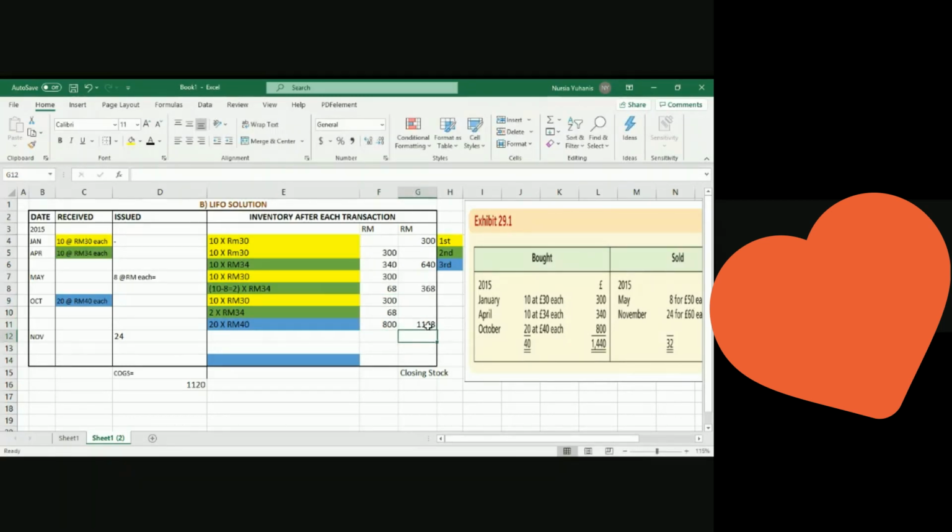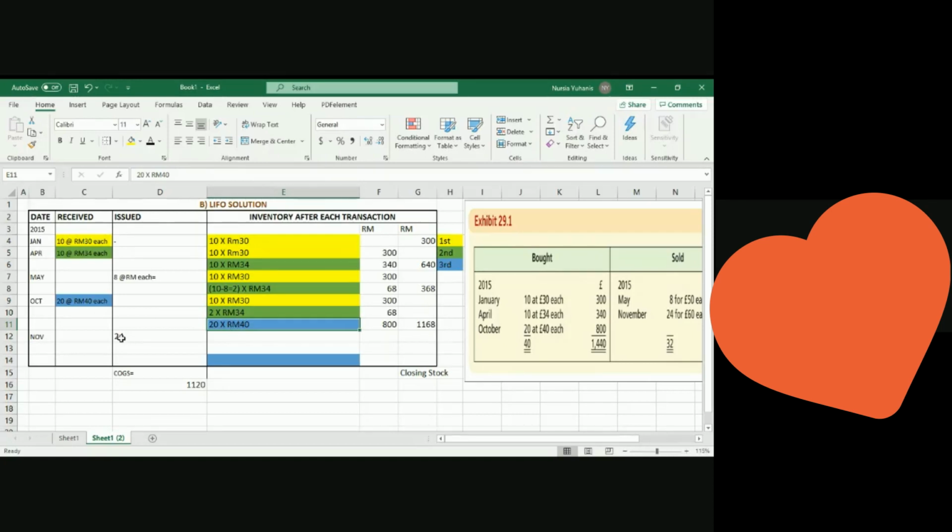All right, now the final sale, which is in November. You need to sell 24. Based on LIFO, you need to take the latest stock, so you need to look at the blue, because the blue one is the last in, the most recent stock.